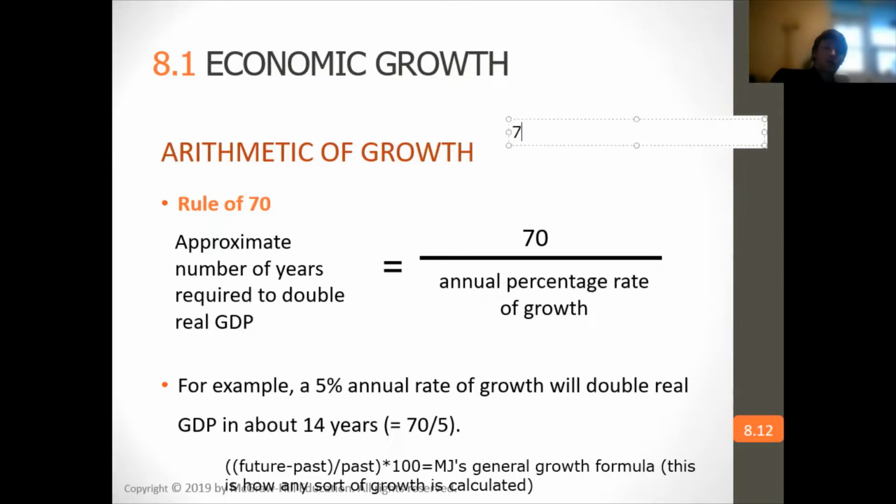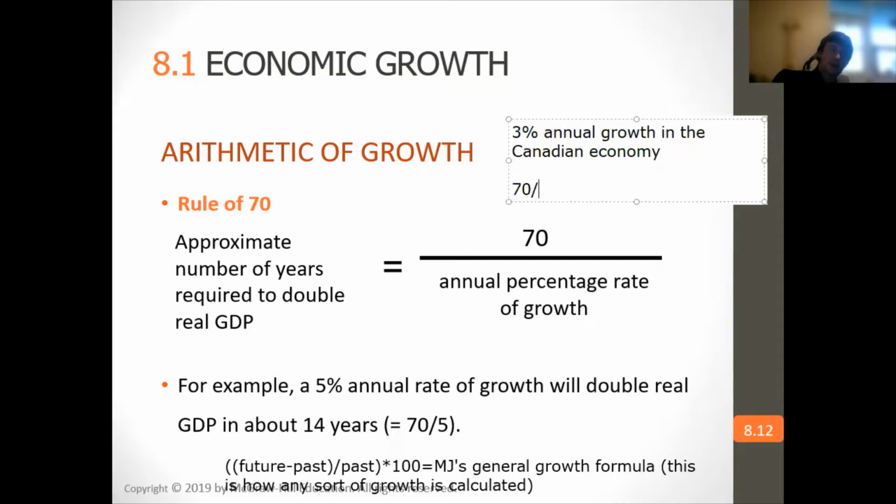So Canada's is roughly 2% per year, I'd say about 3% now, 3% annual growth in the Canadian economy. So 70 divided by 3 is about 23.